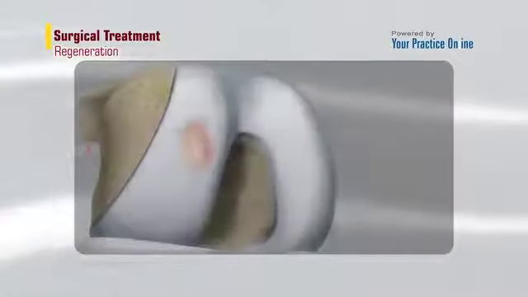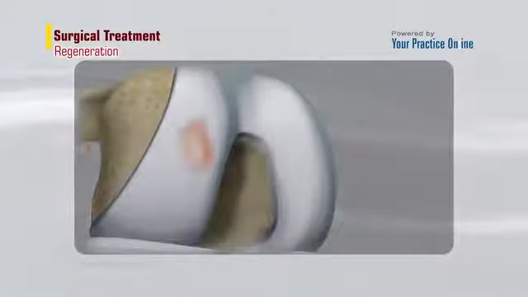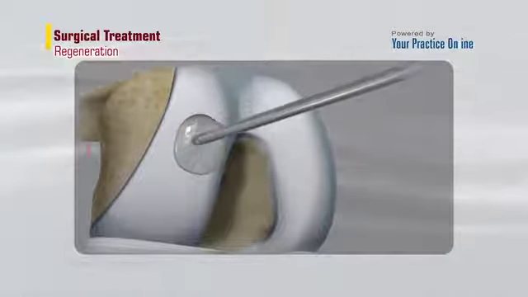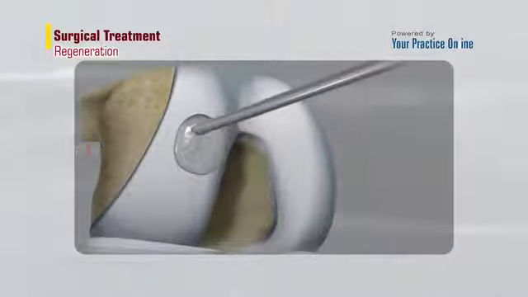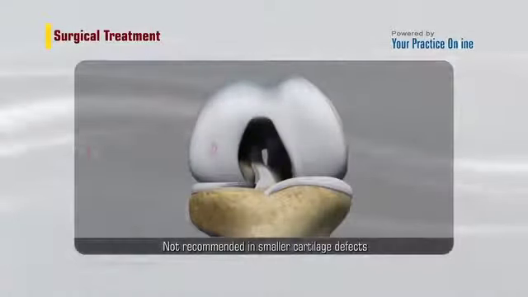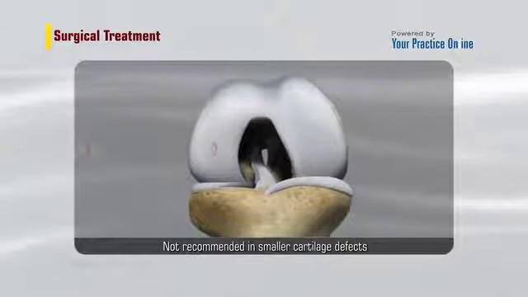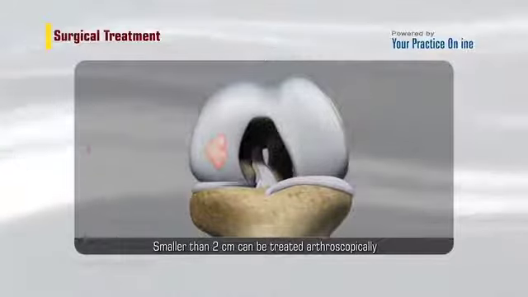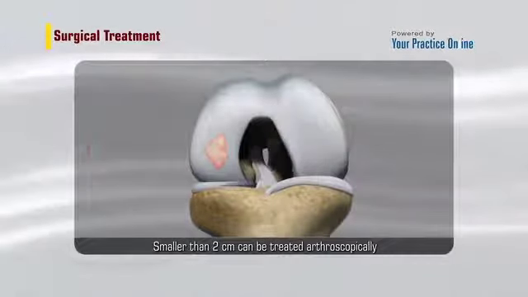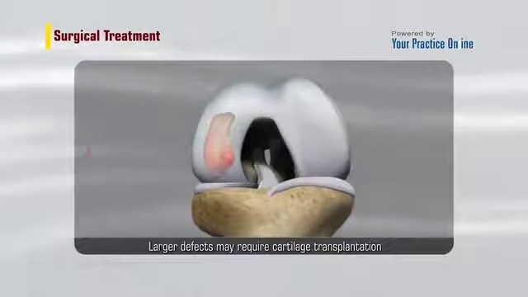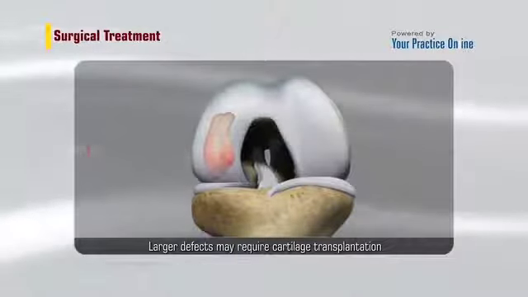Regeneration involves replacing the injured cartilage with a new articulating surface that functionally simulates the growth of original cartilage. Surgery is often not recommended in smaller cartilage defects. Defects smaller than 2 centimeters can be treated arthroscopically and have a good prognosis. Larger defects may require cartilage transplantation.